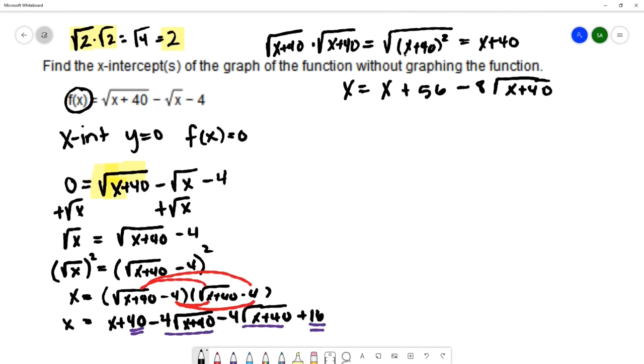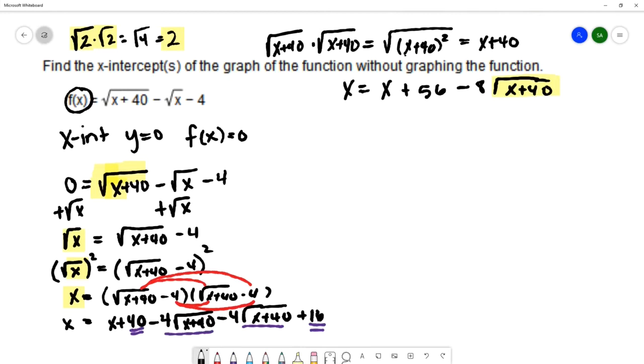All right, so now we're in this part of the process where we have to repeat what we just did over again. We were able to isolate and get rid of one of the radicals, and now we still have another radical in our equation. So we now need to isolate this radical and square both sides to get rid of it.